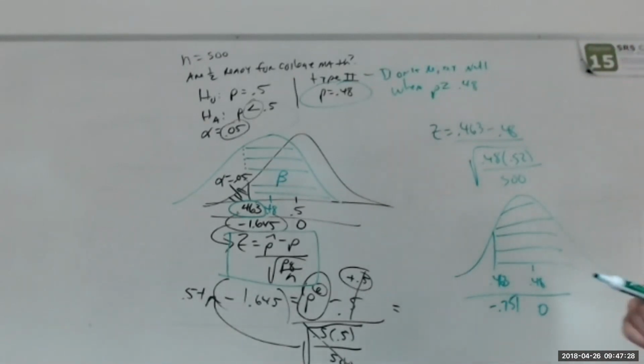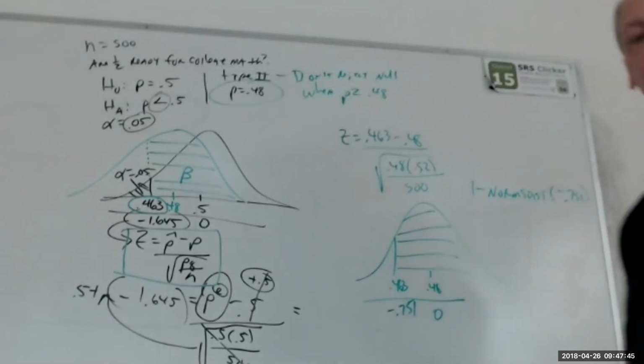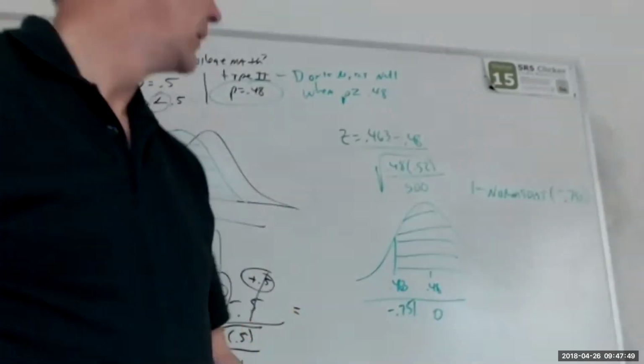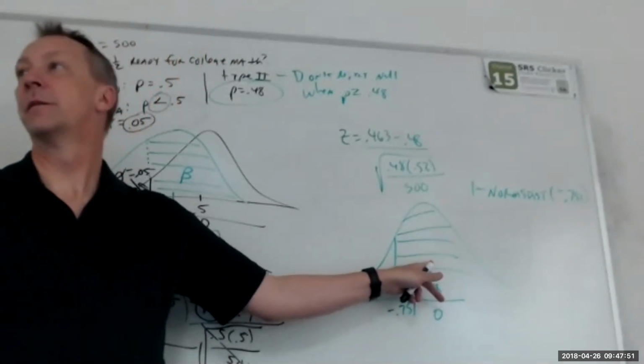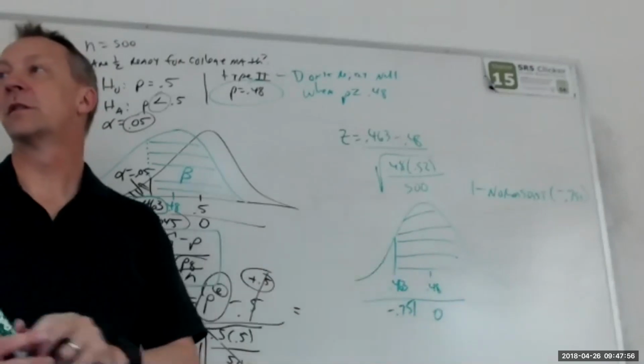What does Excel tell me? Area to the left. So do I need to subtract from 1? Yes, I do. 1 minus NORM.S.DIST of negative 0.75. That's essentially what I'm doing. I want the area to the right, but Excel is going to tell me the area to the left, so that's why I need to do the 1 minus.